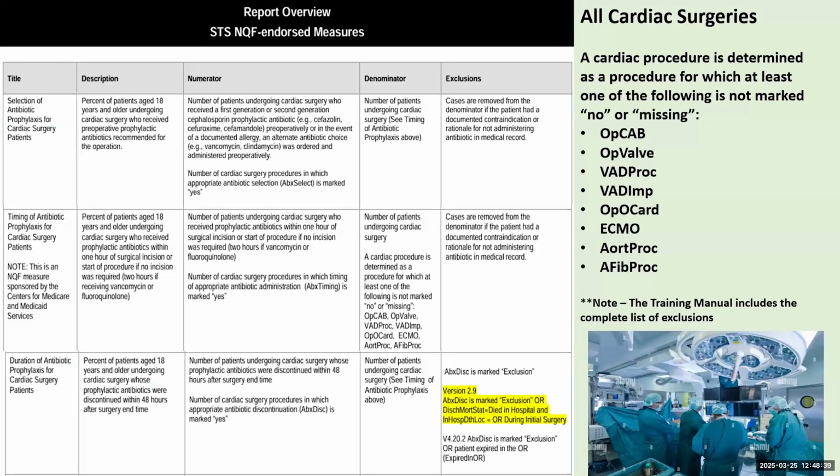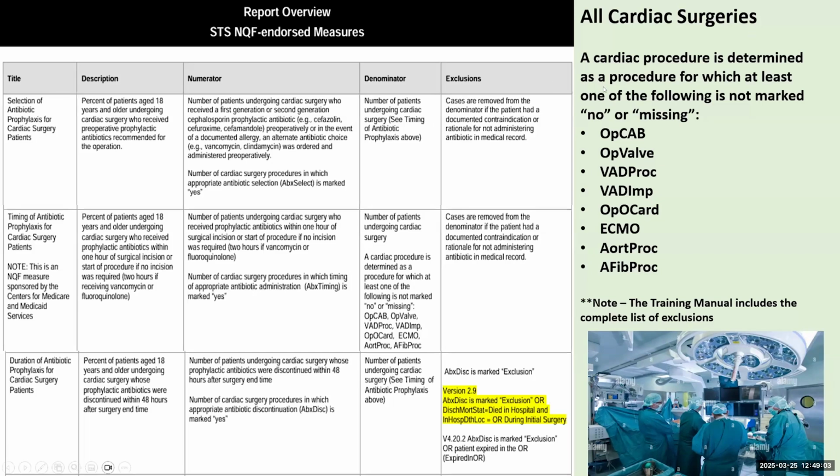These are the NQF, or process outcome measures, with the description, numerator, denominator, and exclusions for your 3 antibiotic measures. Notice that this is for all cardiac surgeries.